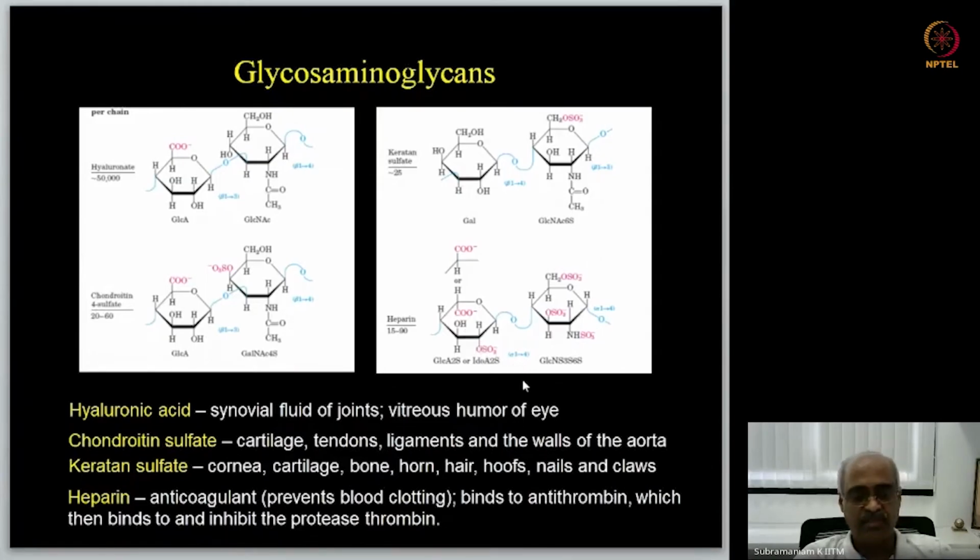Okay. So iodose is one of the isomers, epimers of glucose. So here you have either glucosamine, the sulfated glucose, or glucuronic acid. GLCA is glucuronic acid with 2 sulfate groups, or you have the carbon 2 sulfur.